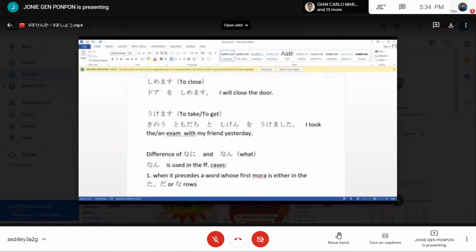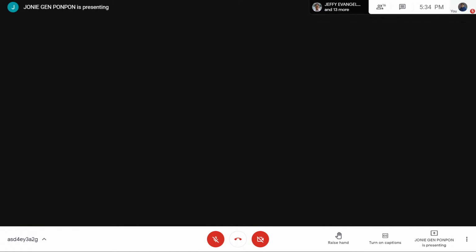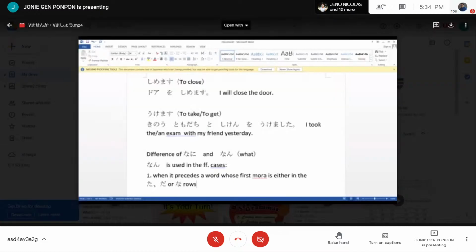Under the T column, the D column, and the N column, if ang una nun is a what, then ang gagamitin na what is nan, not nani. Examples here are nande.